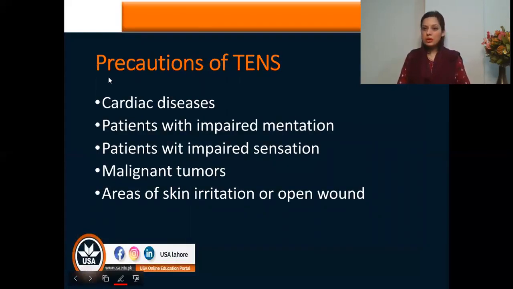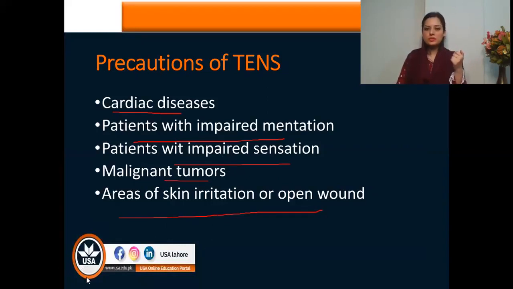Now, moving towards the precautions and contraindications. The TENS precautions are the conditions in which you are going to apply it carefully, like in case of cardiac diseases, patients with impaired mentation, patients with impaired sensation, in malignant tumors, and areas of skin irritation.